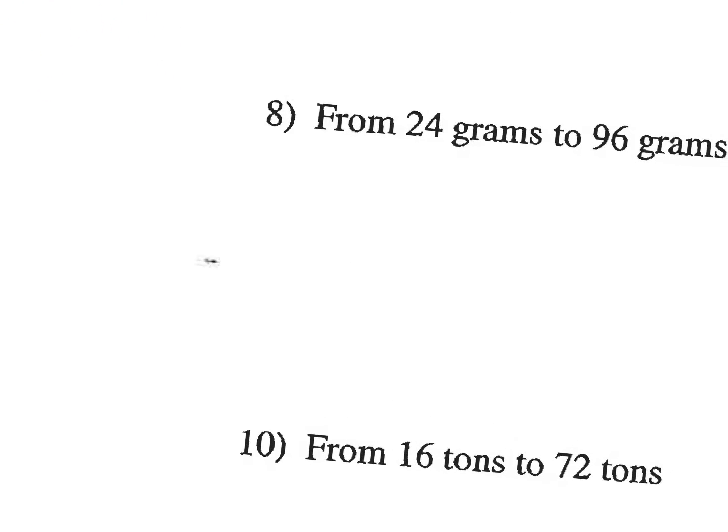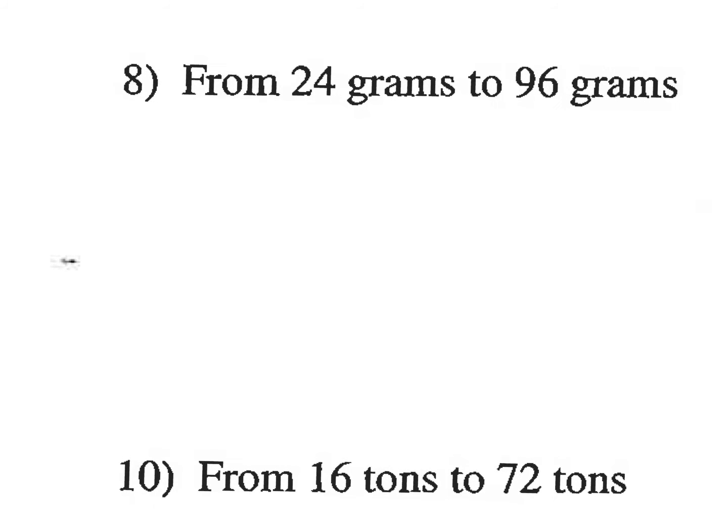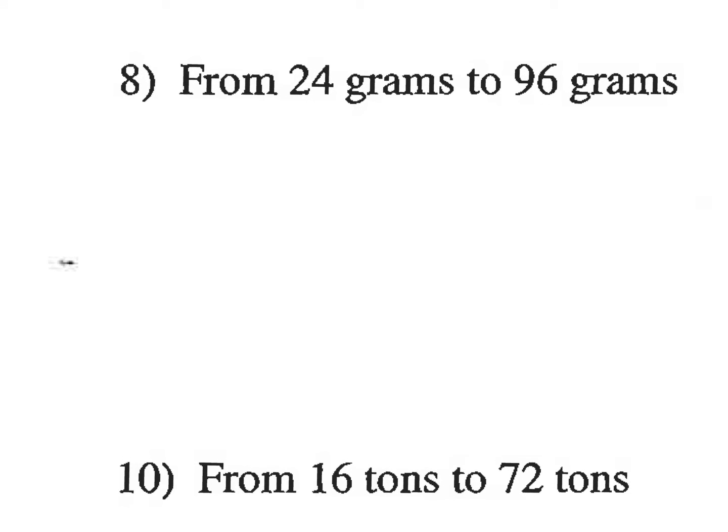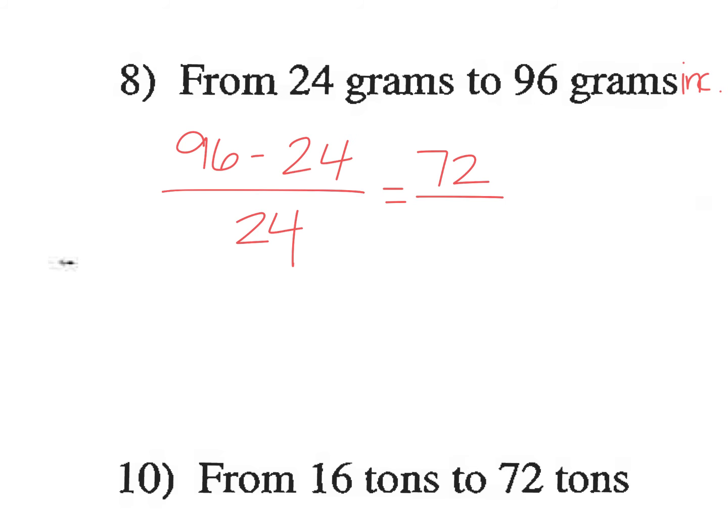All right, we're going to do number 8. So number 8 we can see is an increase. So I'm going to take 96, subtract 24, and then it's going to be over 24 because that's what we started with. So I have 96 minus 24 is 72 over 24. 72 divided by 24 is 3.